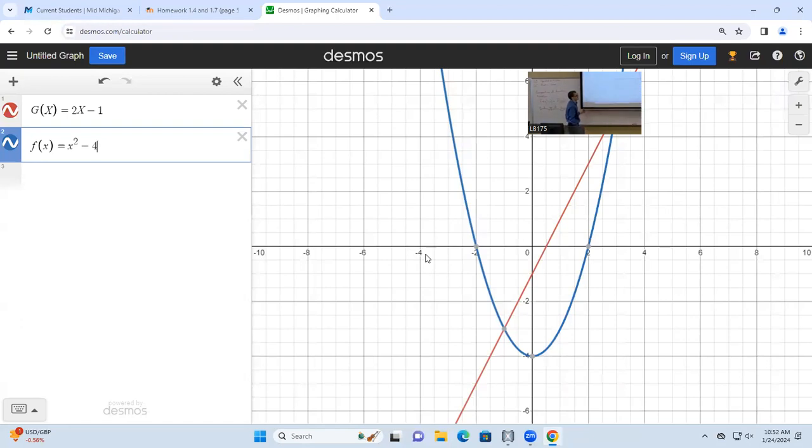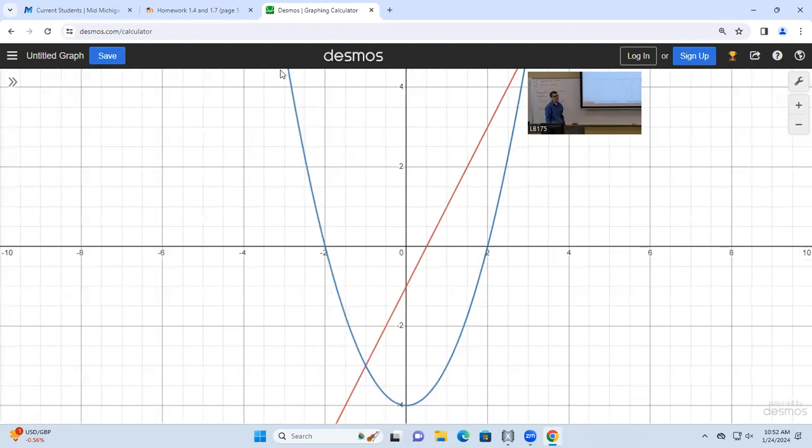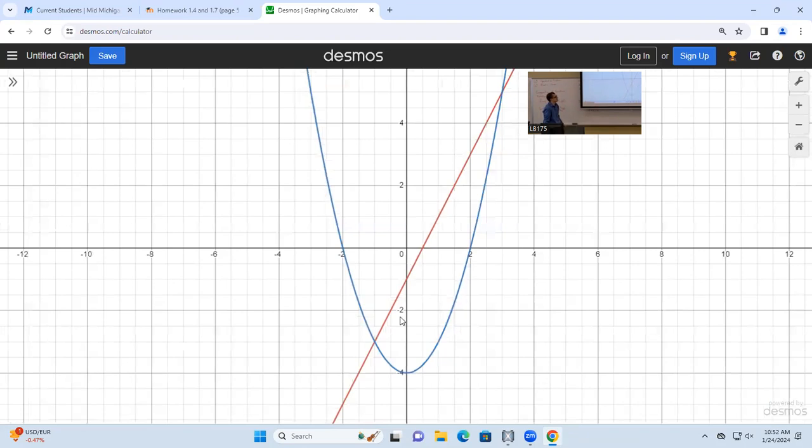Let's say I want to do something graphically. And let's say I don't even know what the functions are supposed to be, but I have the graph of the two functions. We'll call the line my f of x, and we'll call the parabola my g of x. If I said, what is f of g of 2, for instance? So we do graphically f of g of 2.